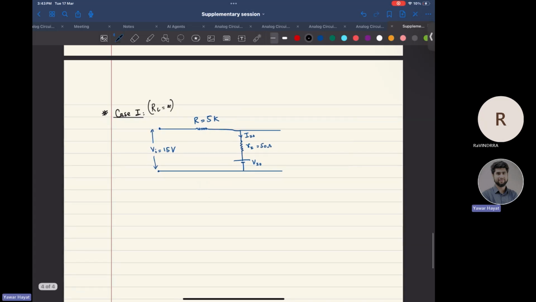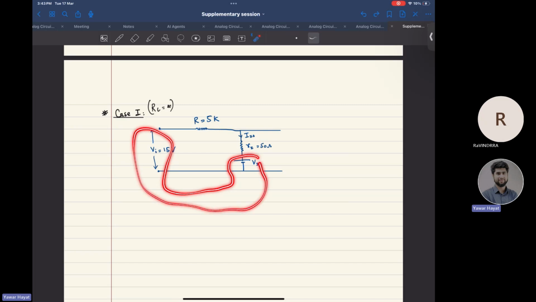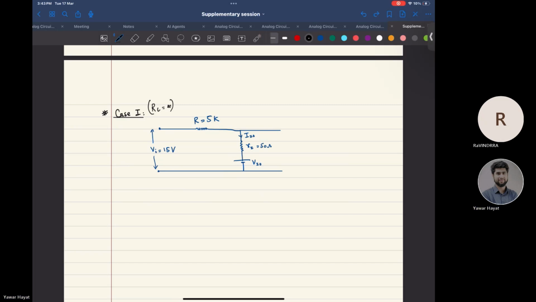So we'll have two batteries, the VI battery and this one. They are in series, but they have opposite polarities, so they will subtract. Do you agree?